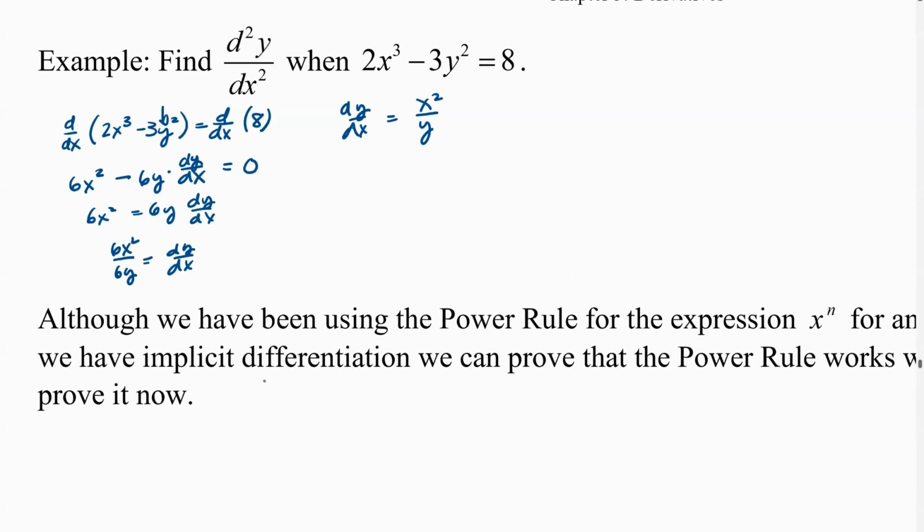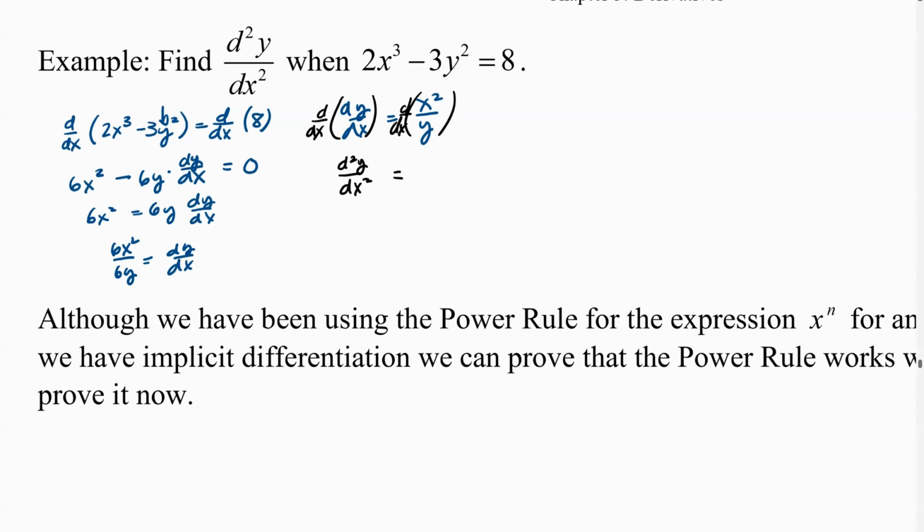Now, I want to find the second derivative. So what do I do? I'm going to take the derivative with respect to x of both sides of that equation. Now, when I take the derivative of y with respect to x, again, I get d squared y over dx squared. Again, we would simply just call that the second derivative of y with respect to x.